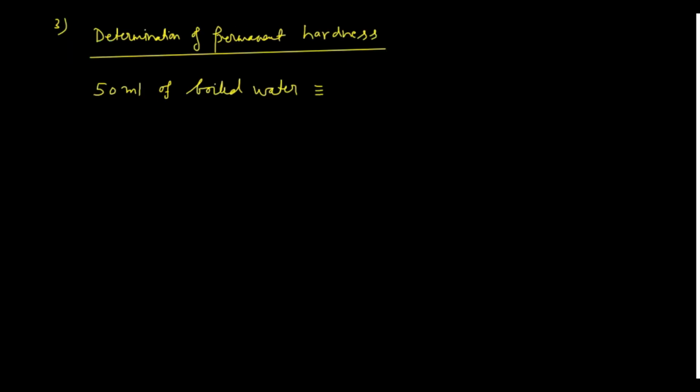Please remember, this 50 ml is actually equivalent to V3 ml, and I need to subtract the value of the lather factor in each and every case to minimize the error. This much ml of soap solution, and now I need to convert this into the calcium carbonate equivalent. So V3 minus V4, right?